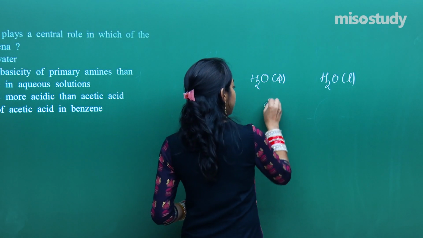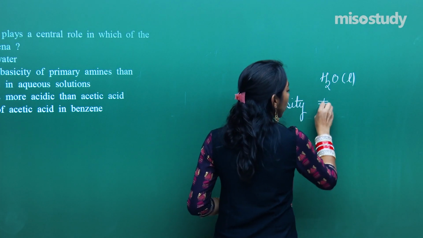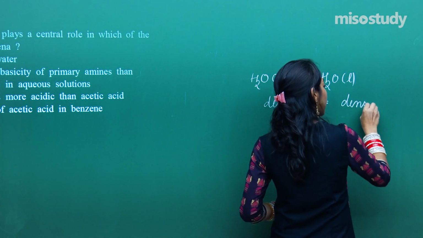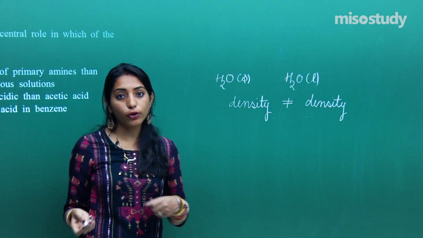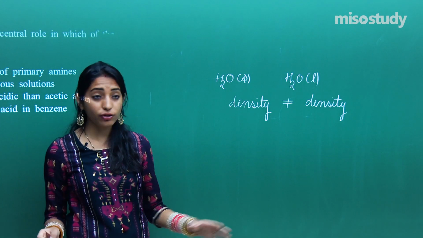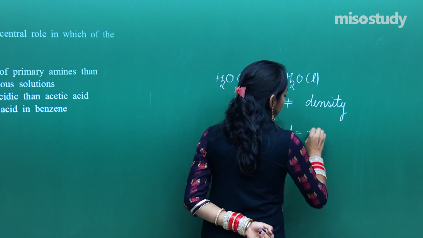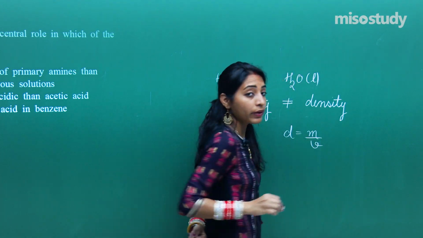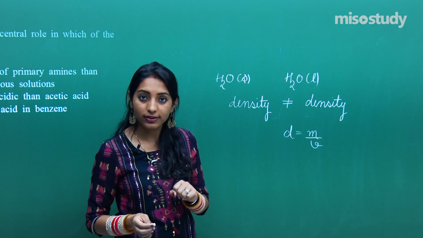So the density of ice is not the same as the density of water. That is the reason one will be lighter than the other and hence ice will float on water. Otherwise it should sink, or there should not be anything, right? So densities must not be the same. Now when I talk about density, I talk about mass per unit volume. So in a unit volume, what is the mass of water? That is of importance, right?